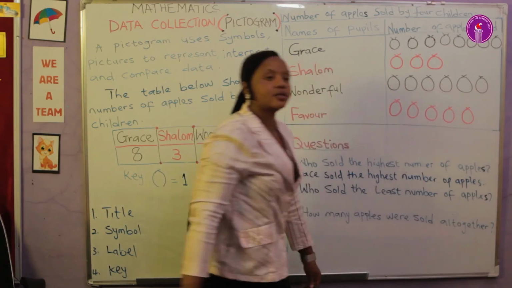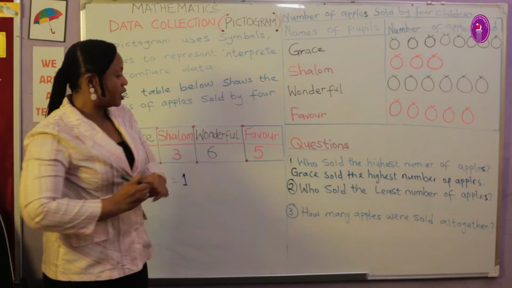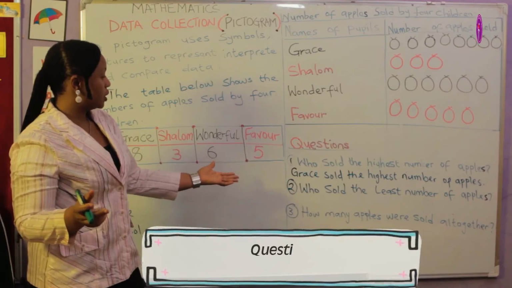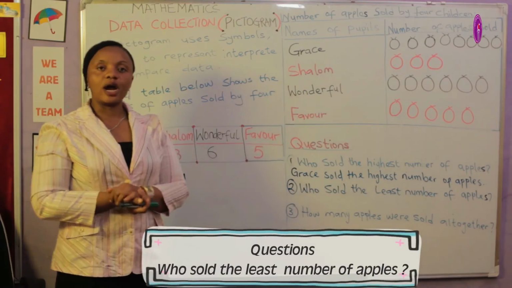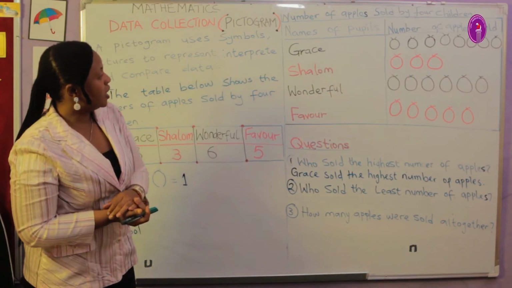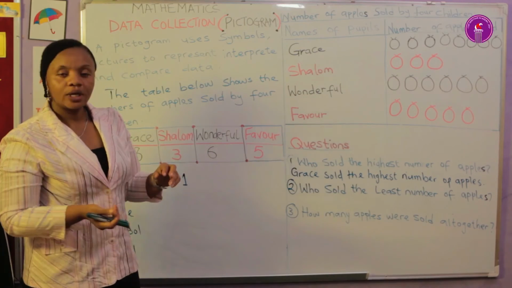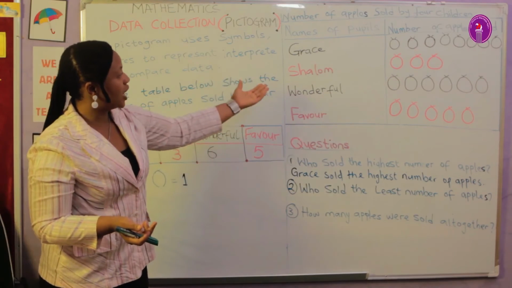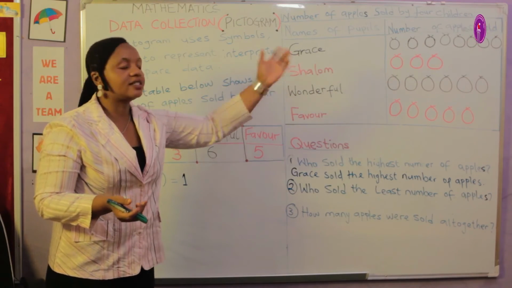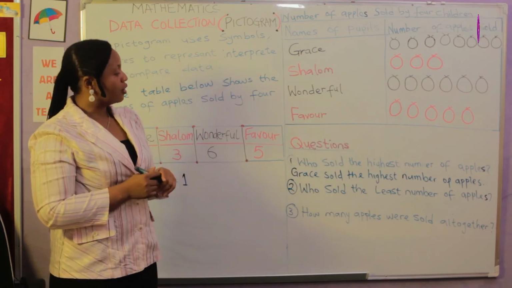Now, children, tell me, who sold the least number of apples? Again, when you study the pictogram, you find out that Shalom sold the least number of apples.